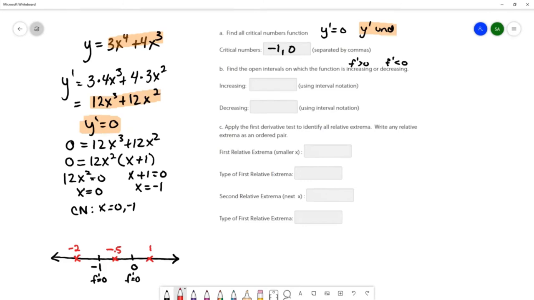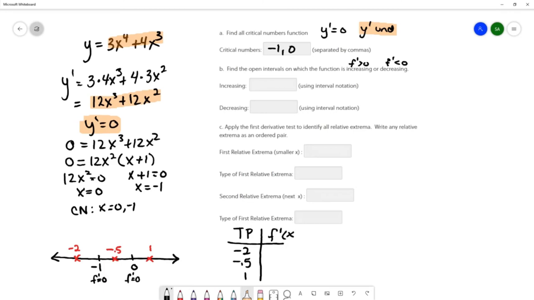So we're going to test these points into the derivative so that I can know the sign of the derivative. We take our test points of -2, -0.5, and 1, and we're going to test those into the derivative.